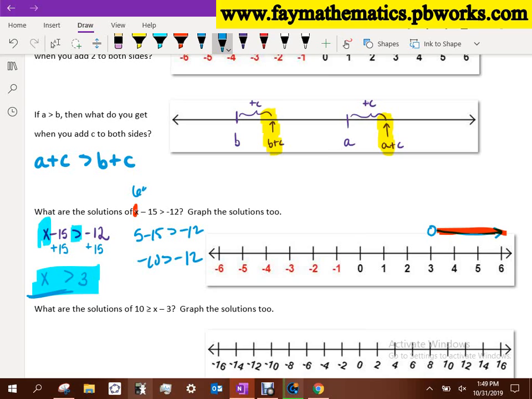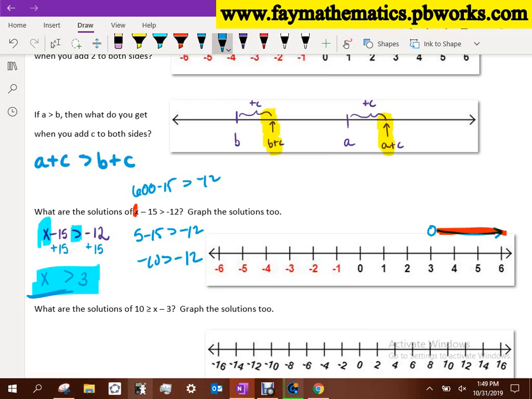If I go 600 minus 15, is that bigger than negative 12? Yeah, 585 is bigger than negative 12. Okay? That's what that's referring to. All those solutions that are being graphed there in orange or blue, whatever color we're going to refer to there, there's an infinite number of them. And when I plug them in, they're going to give me a true statement in the inequality.